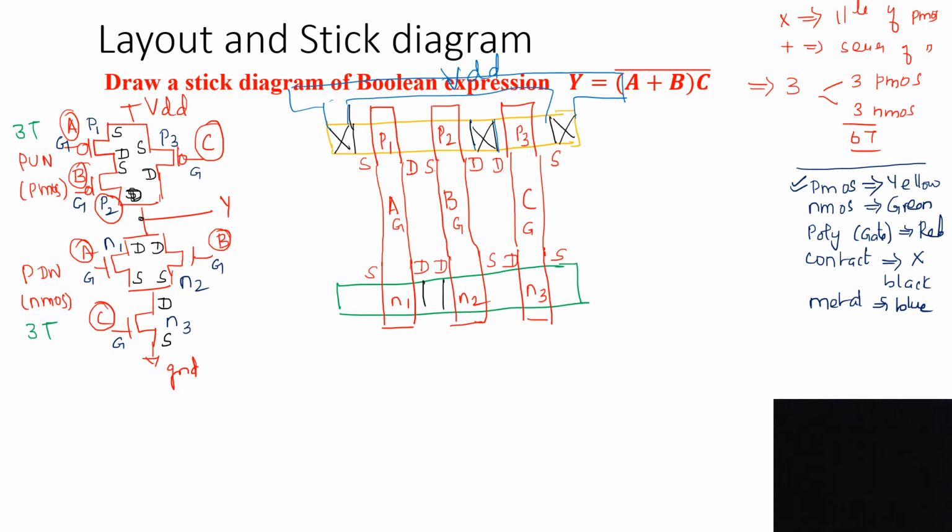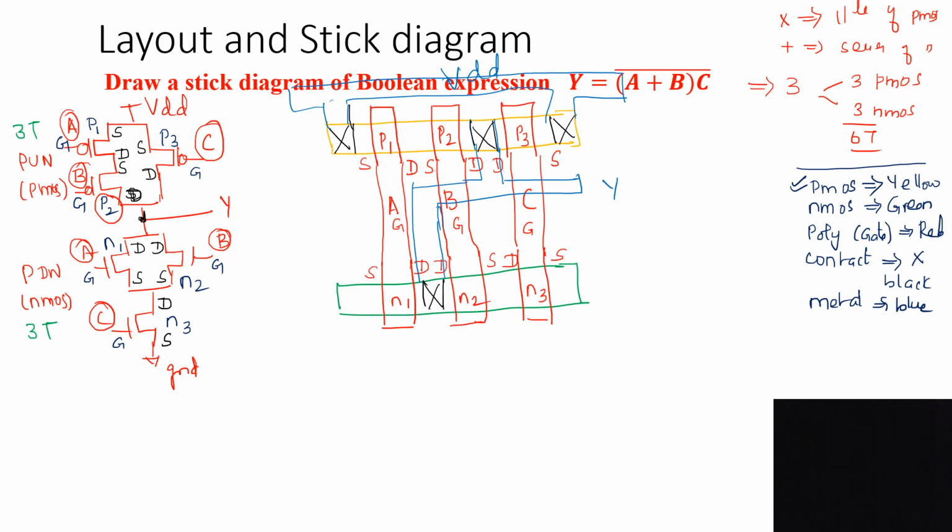That means this portion, right? So here I have marked the contact over here. Next I have to use the metal, that is blue color, for making connection. So this is my output node.